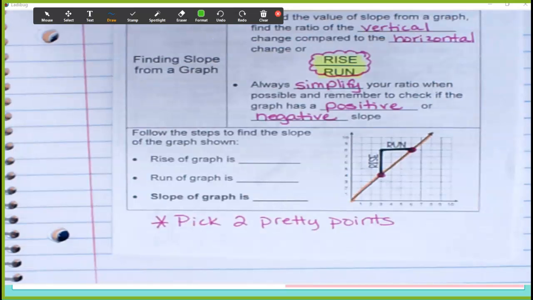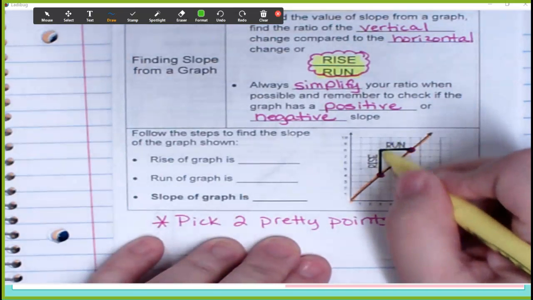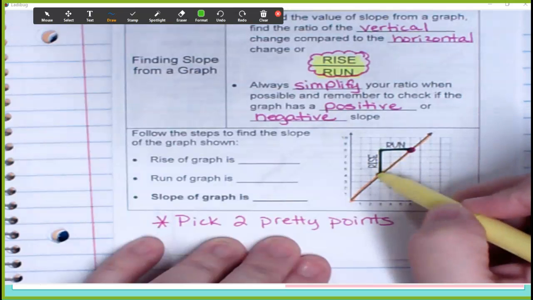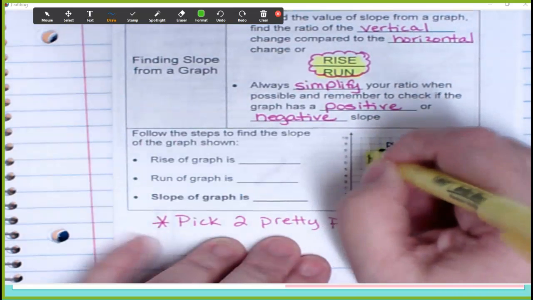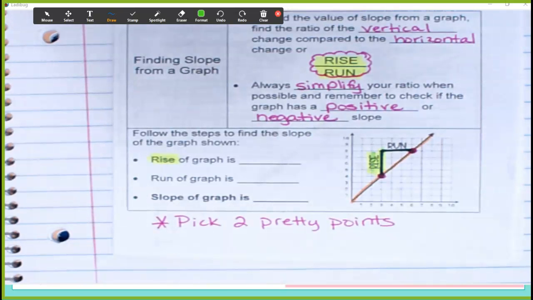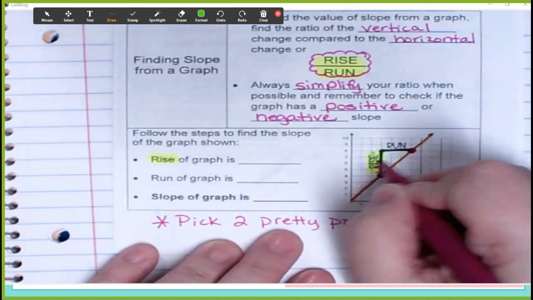Now this is where your rise and run come in. The rise is the vertical distance, how far vertically did I go from this point to get to this point? Vertically straight up, that's what's called our rise. And you're already telling me because you already know how to count it, right? Count the blocks, 1, 2, 3, 4.